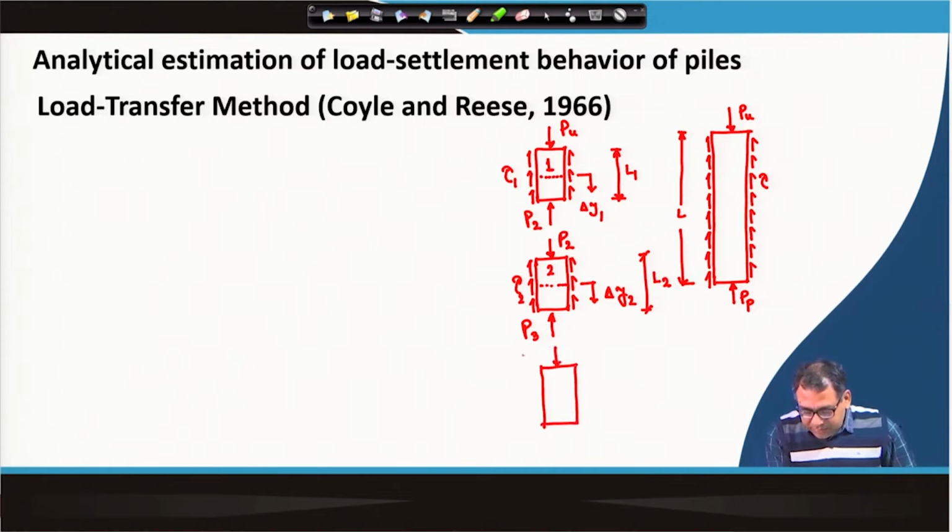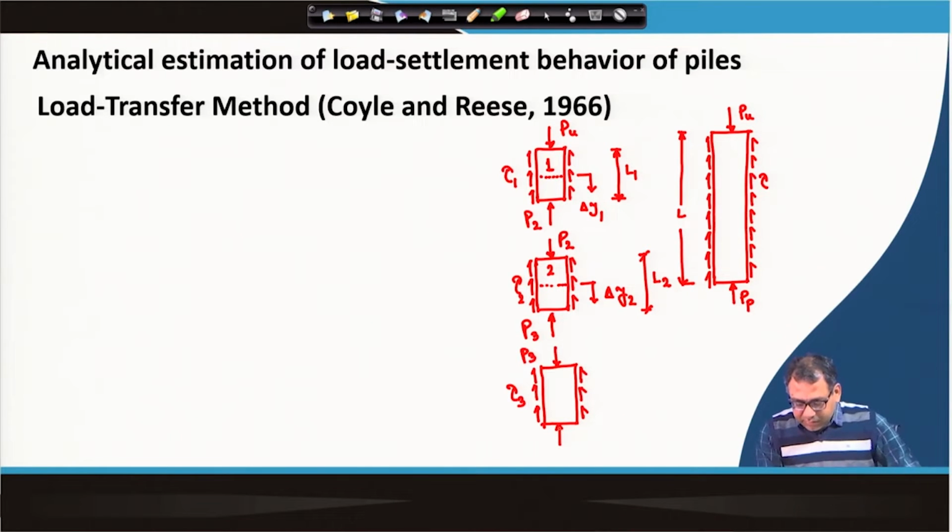So, this is P 3. Then there will be tau 3. Now this is acting on the tip, that means this is the bottommost segment. So, there will be a deformation at the bottom also.